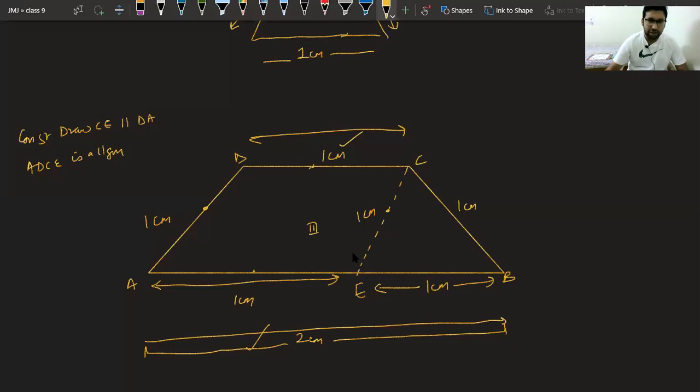So let's find the area of triangle EBC, that is root 3 upon 4 a square. And let's put the value. It is 1 square. So the answer is root 3 by 4 centimeter square. We have got the area of this triangle.